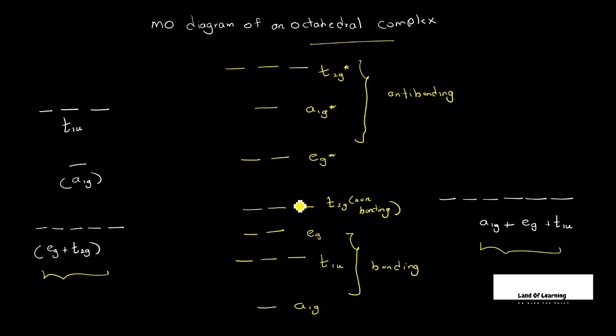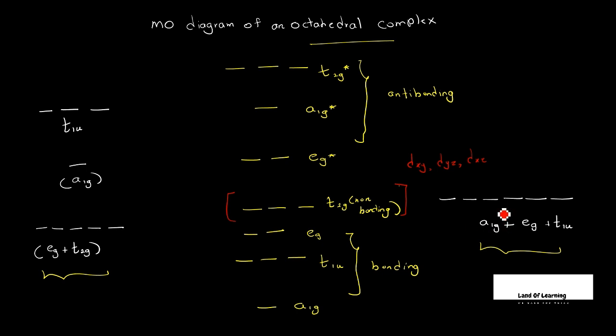You can see there are 3 orbitals here. Let me take another color. Okay, here we have 3 orbitals which are non-bonding, because these three orbitals, which are dxy, dyz, and dxz, do not have perfectly aligned orbitals to form bonds with the incoming ligand.